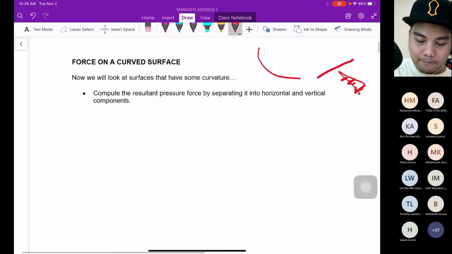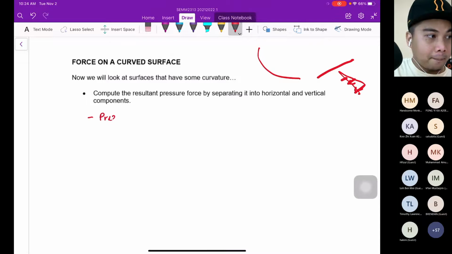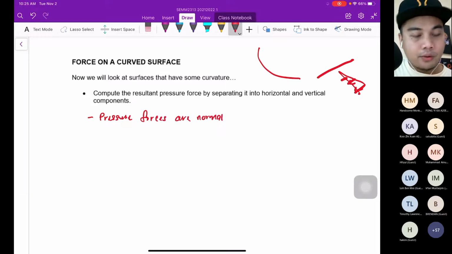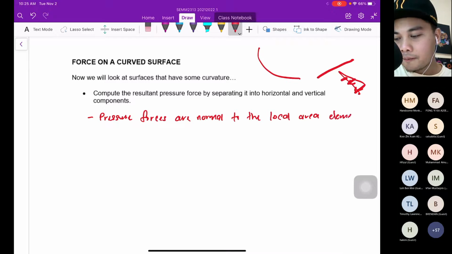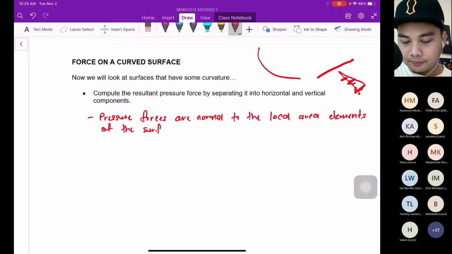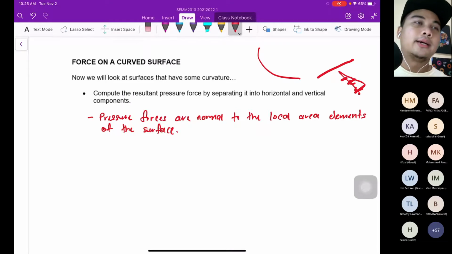The pressure force are normal to the local area element of the surface. Whatever it is, the pressure force must normal to the local area. The local area means we divide the curvature into horizontal and vertical component.